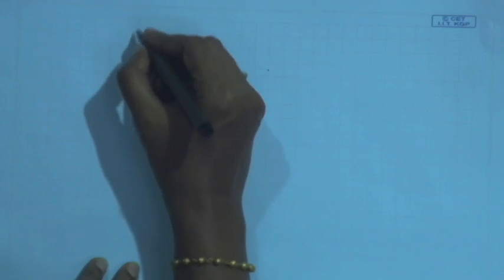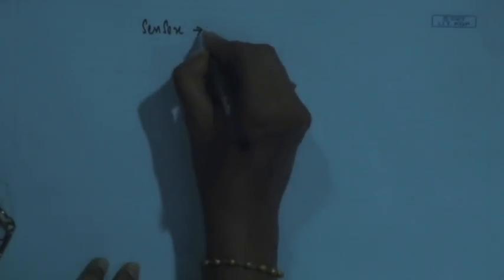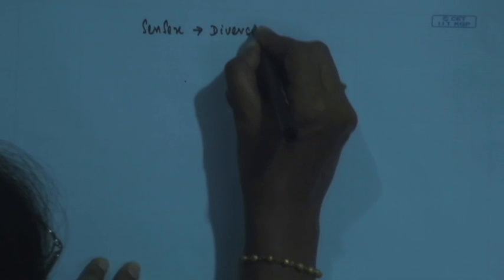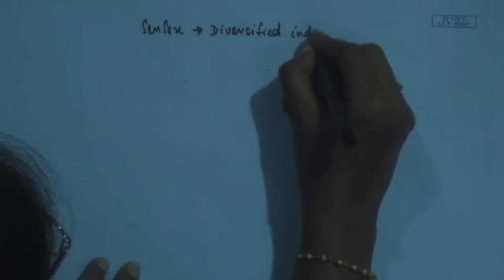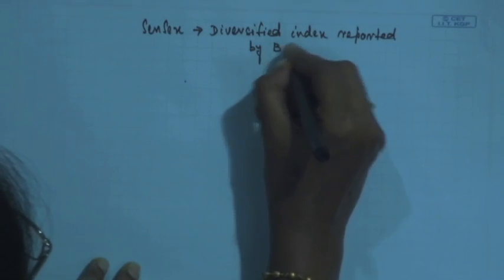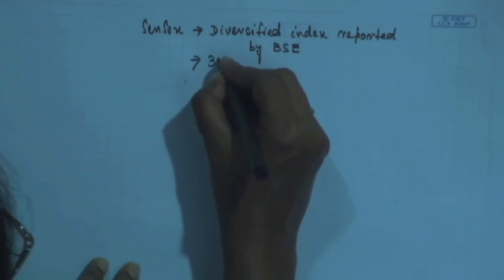So let's say all of us know Sensex is the diversified index reported by Bombay Stock Exchange. We know that Sensex has 30 constituent companies.